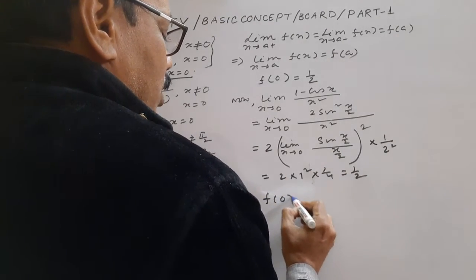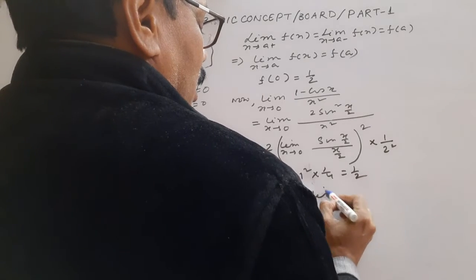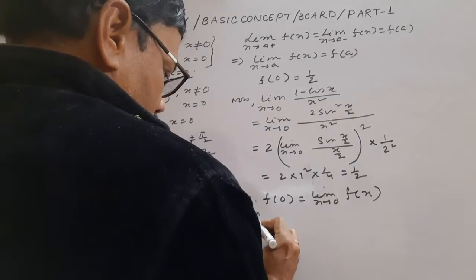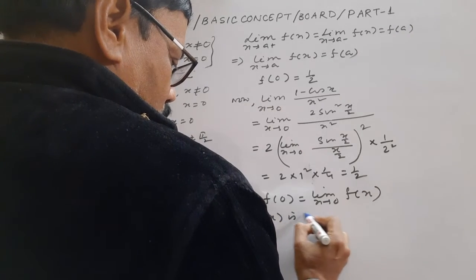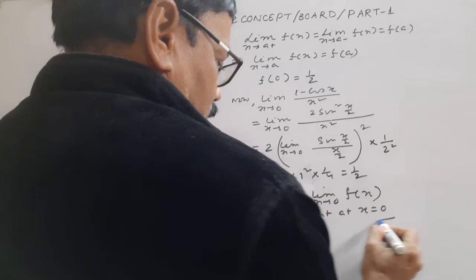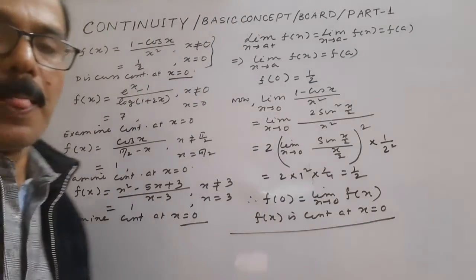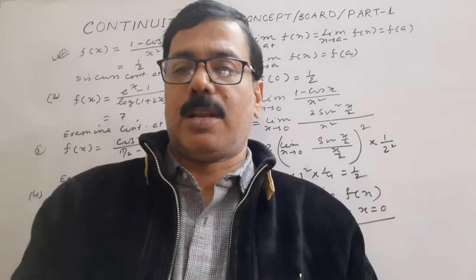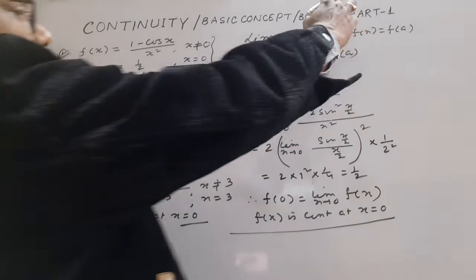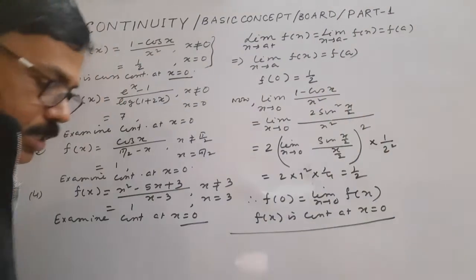Therefore f0 equals to limit x tends to 0 fx. So fx is continuous at x equals to 0. So this is a 100% application of limit. You know the definition of continuity and use limit.